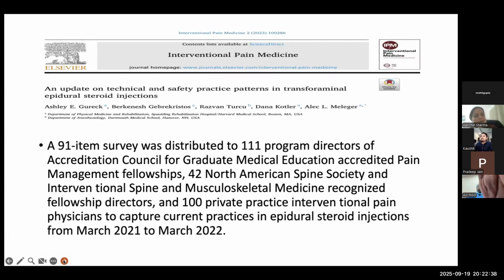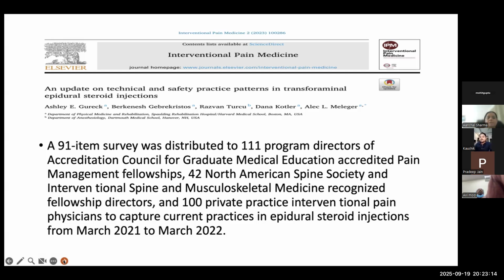Next study we have is from the Interventional Pain Medicine Journal, which is an update on the technical and safety practice patterns in transforaminal epidural steroid injections. This study included a vast number of senior pain fellowship directors and pain management specialists who studied the effects of transforaminal epidural steroid injections in their private practice from March 2021 to 2022.